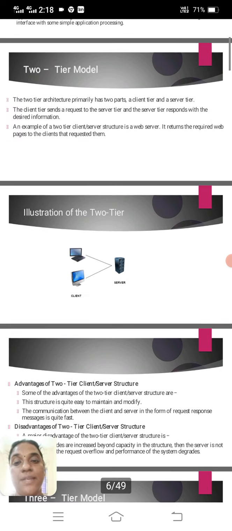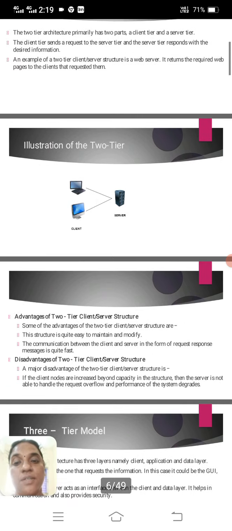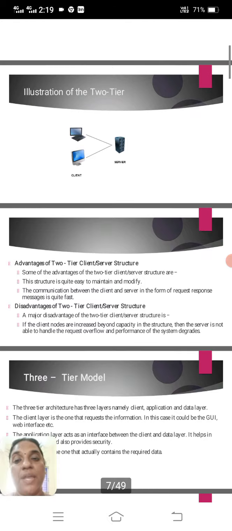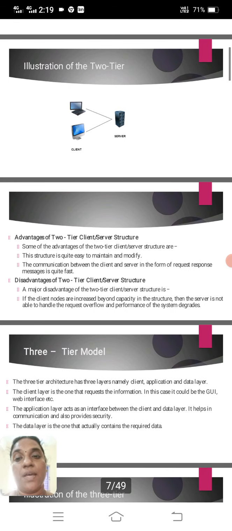What are the advantages and disadvantages of this two-tier model? It is a very simple architecture, with only two components, so it is easy for designing and implementation. It is very easy and provides fast access. The only disadvantage is that if we increase the number of clients, the server may not have the proper data storage to accommodate all the clients.